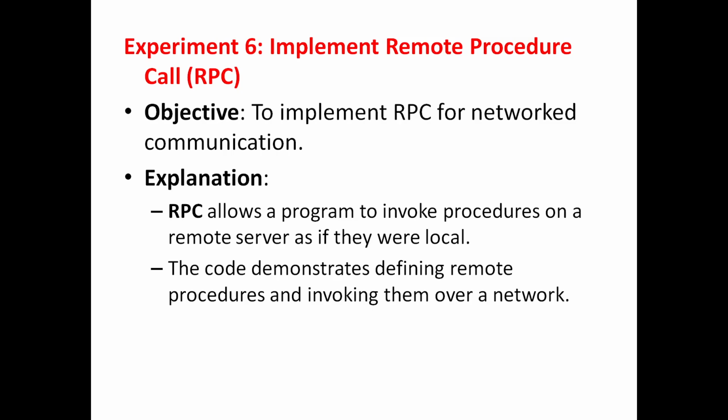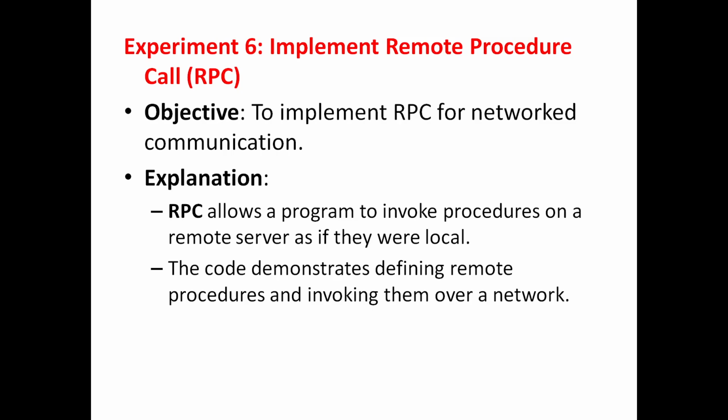On the server side, the server stub receives the request, unpacks it and calls the actual procedure on the server. Once the procedure finishes, the result is sent back to the client stub. The client receives the response, unpacks it and returns it to the calling function. This is how RPC works.